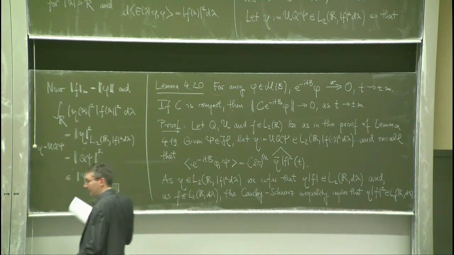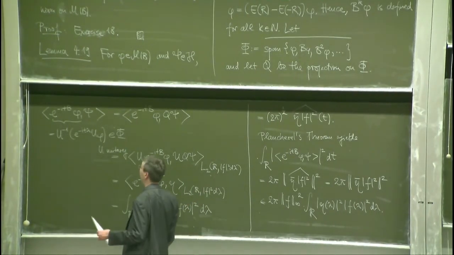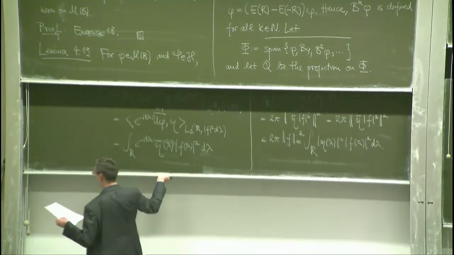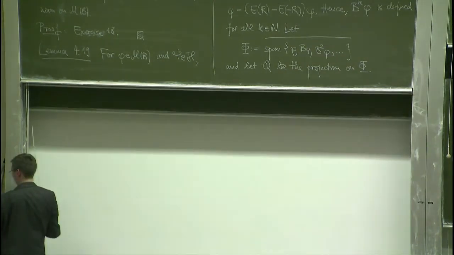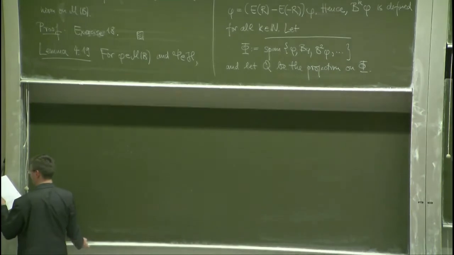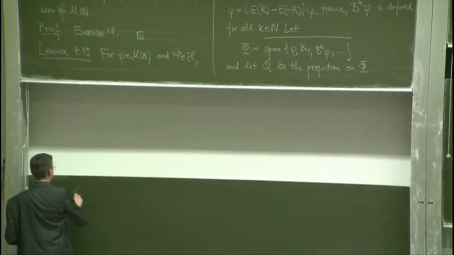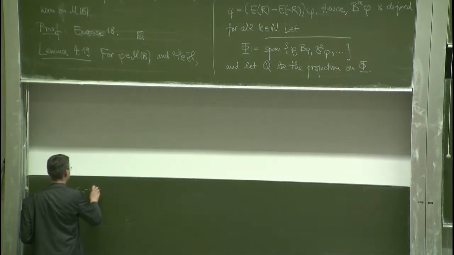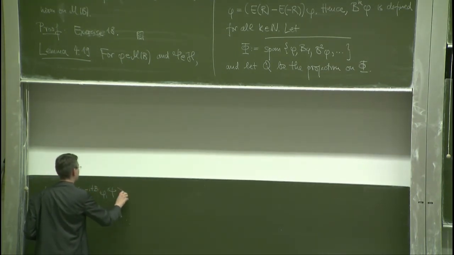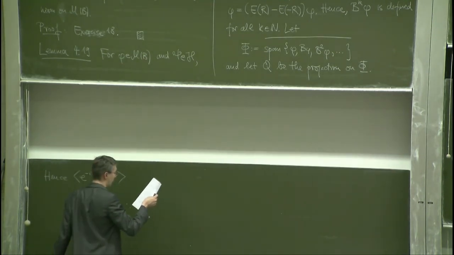But then we see, hence, our scalar product, exponential minus ITB phi, psi, is the Fourier transform of an L1 function.